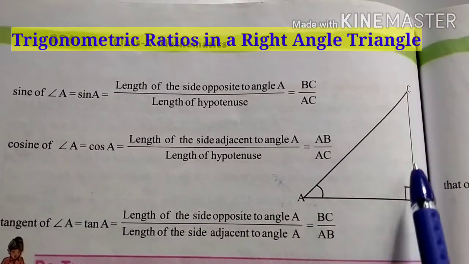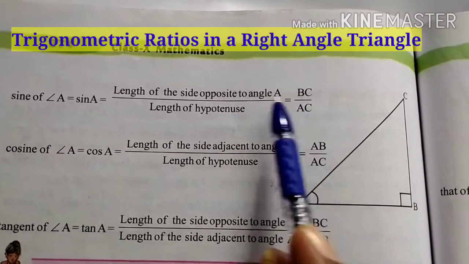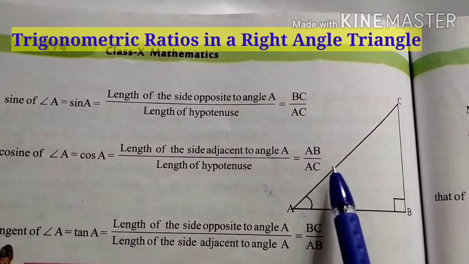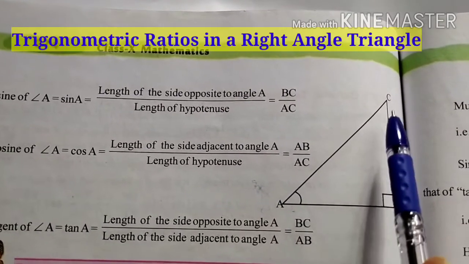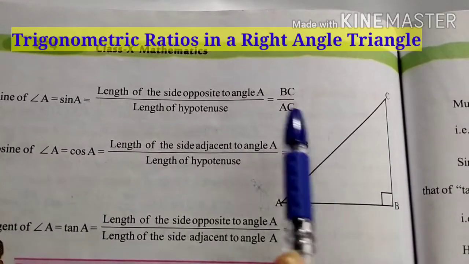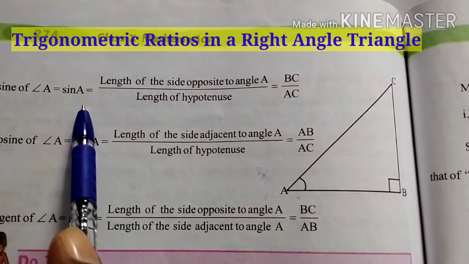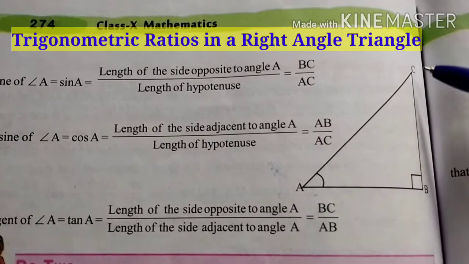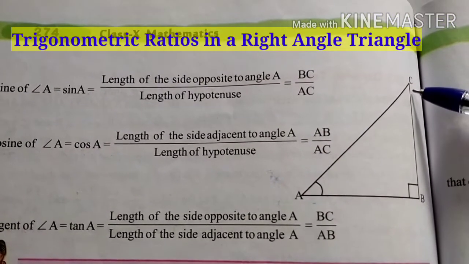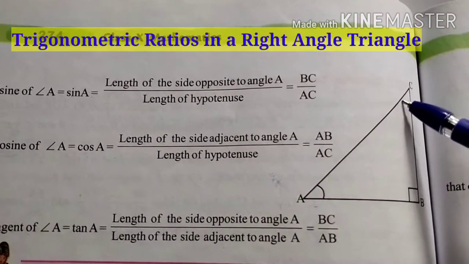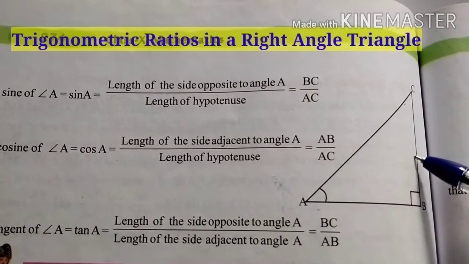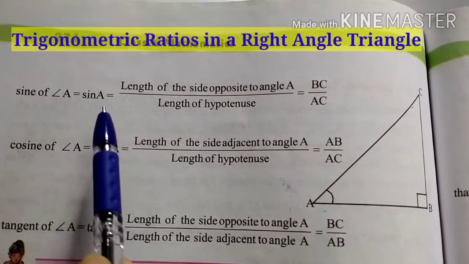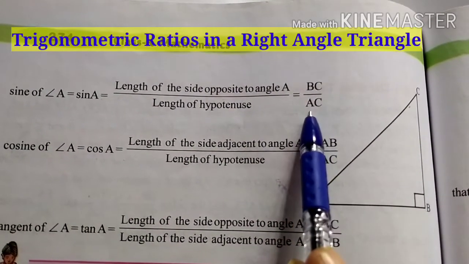It is BC, by the length of the hypotenuse. You know that the longest side is called the hypotenuse. That means AC is the hypotenuse. So sin A is equal to BC by AC. BC is the opposite side to angle A, AC is the hypotenuse. BC by AC is called sin A.